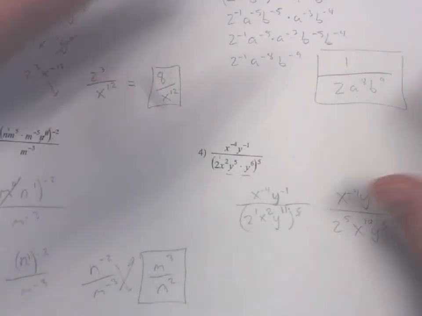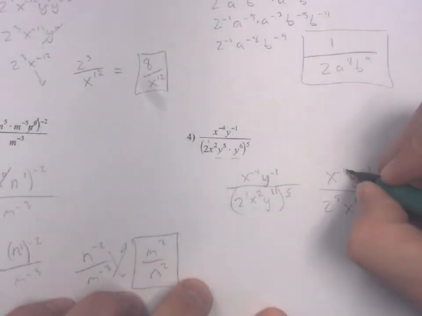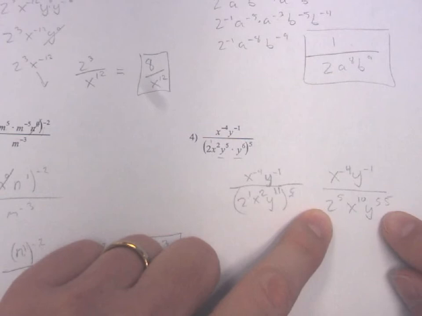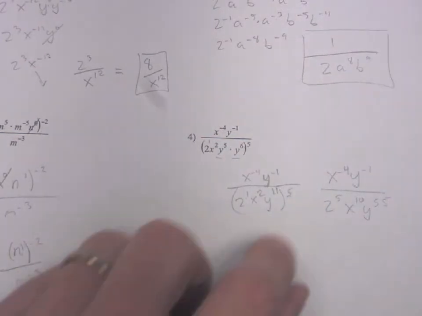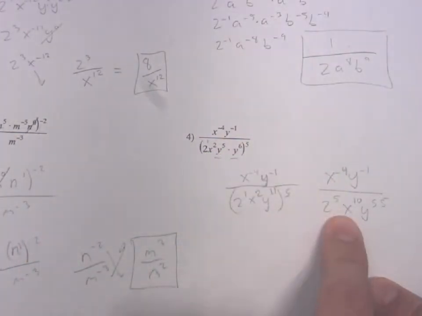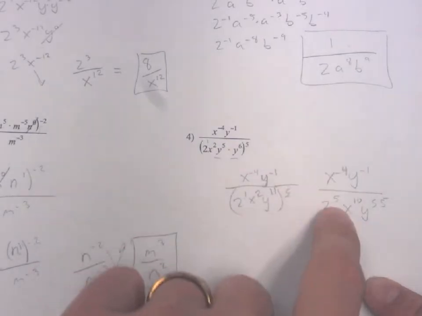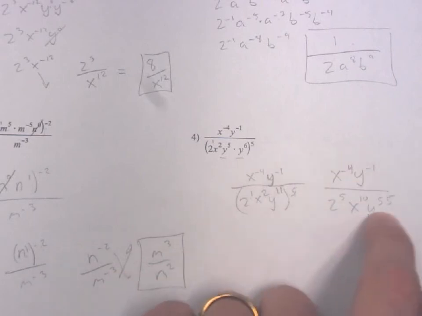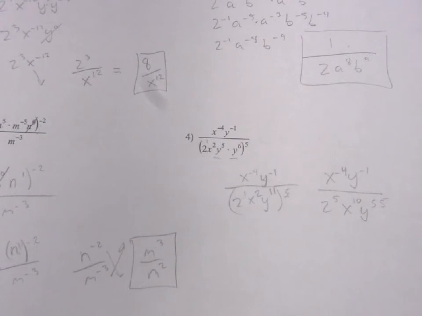Now you actually could, if you wanted to, move these two guys down here, and then use the product property. So if you move x to the -4 down, you get x to the 4 times x to the 10. You could do it that way. Y to the -1 you can move down, and that will become y to the 1 times y to the 55. So you could do it that way.